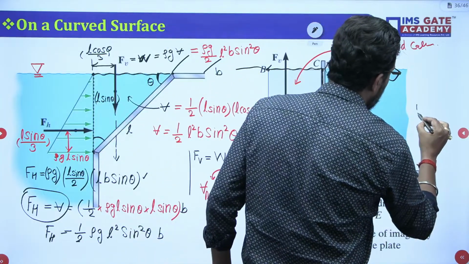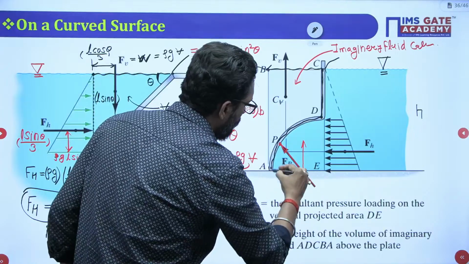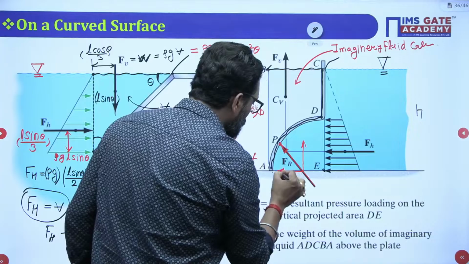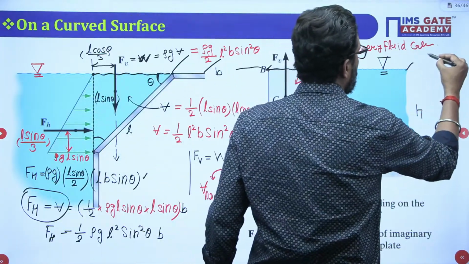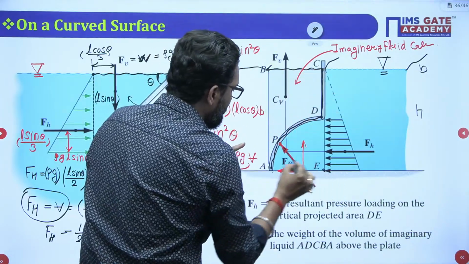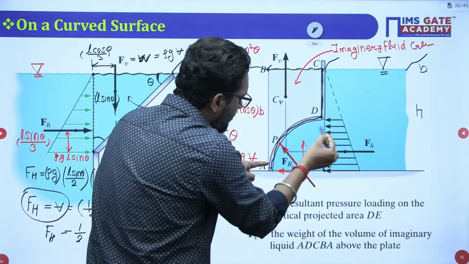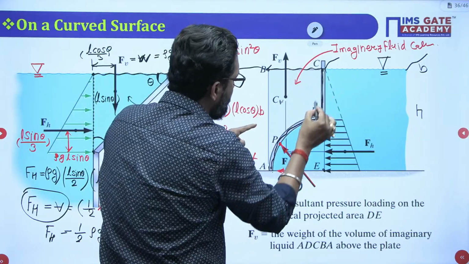Let's suppose this is height H. So H into R, this is the same quarter circle and this is your center, so this is your radius, and let's suppose width is B. So the total volume BCEA minus the volume of this quarter circle is your volume of BCDA.